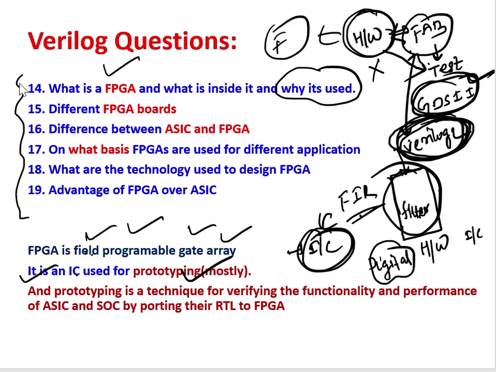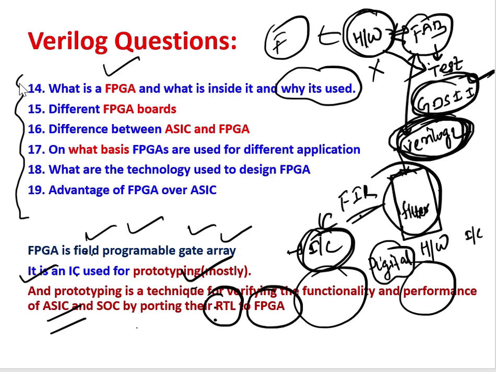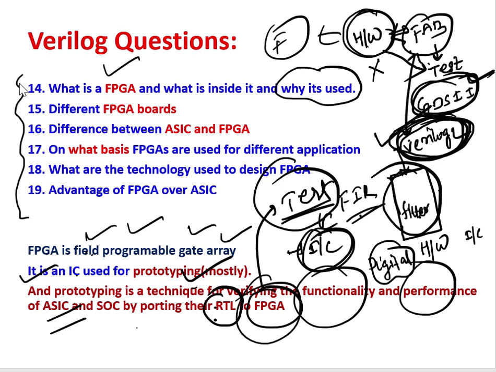They use FPGA. To verify the functionality and performance of your design, they port your RTL or Verilog code, or dump your code, into FPGA, and they test it. If they find any error or mistake, they rectify it. Then again they write the Verilog code, and again they test it using the FPGA board.